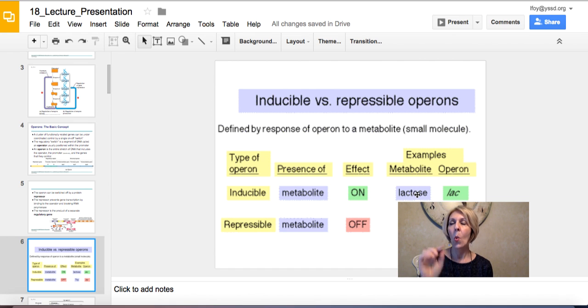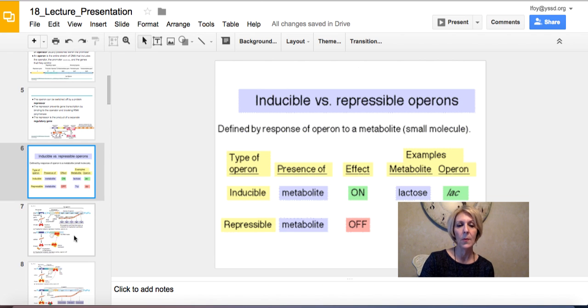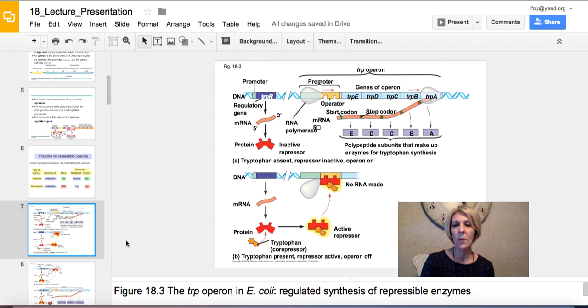So when conditions are right, if lactose is available, then the bacteria would want to turn on the genes that have the enzymes to break down lactose. So the lac operon is an inducible operon, and the trp operon is a repressible operon. The first one we're going to look at is the trp operon.